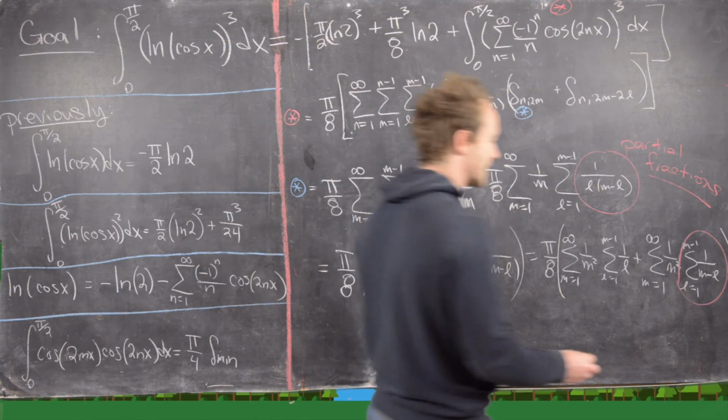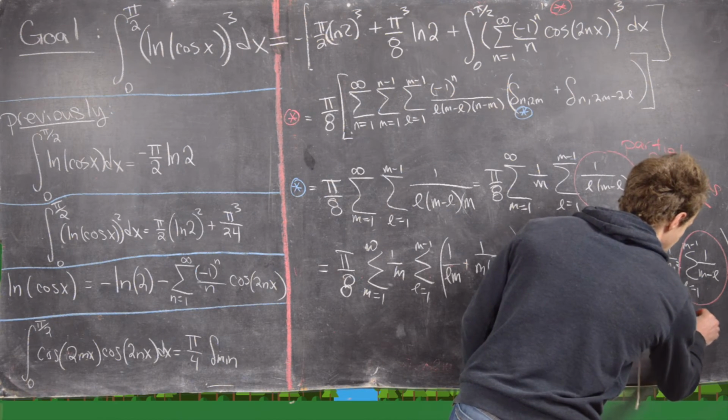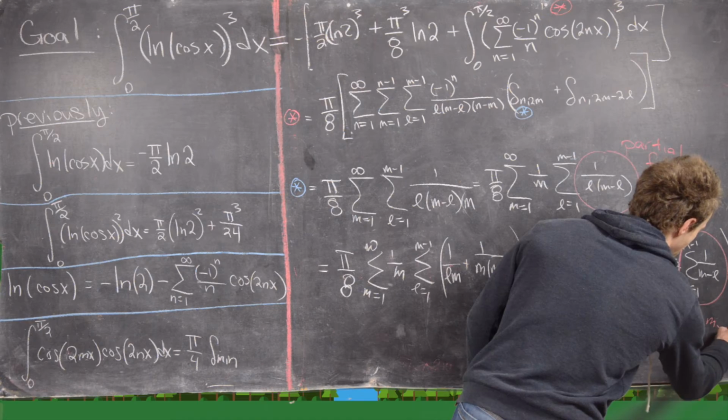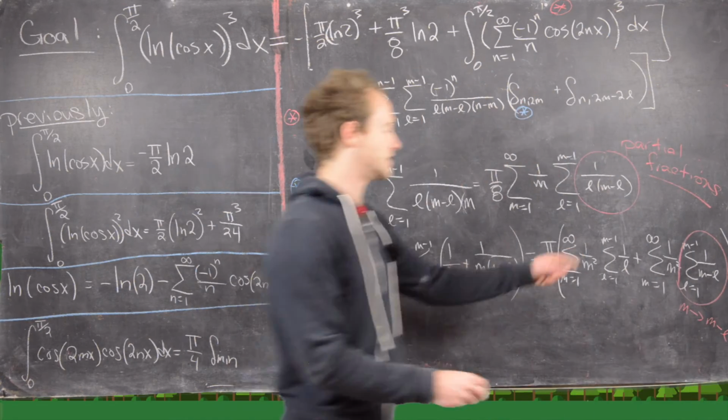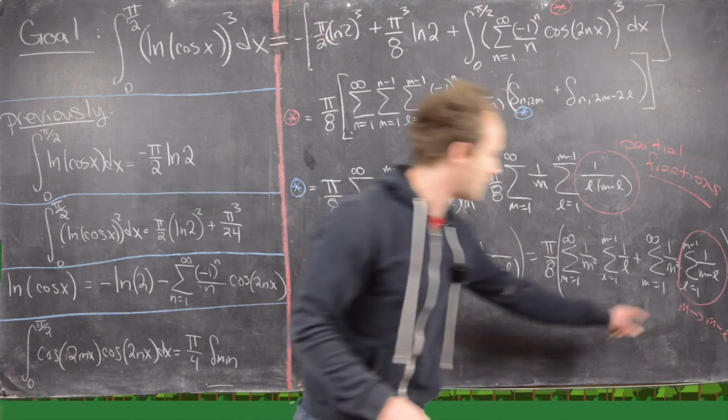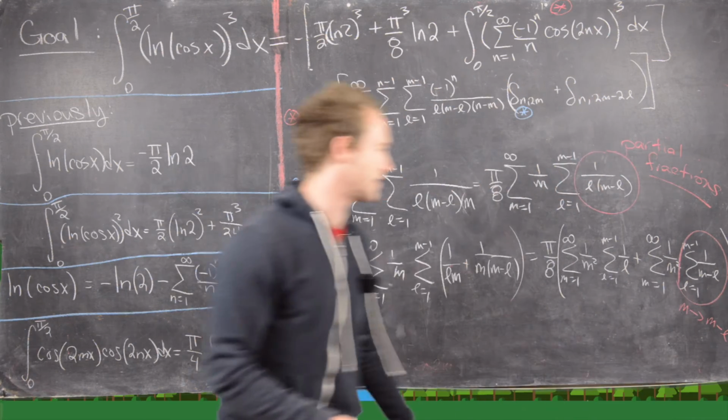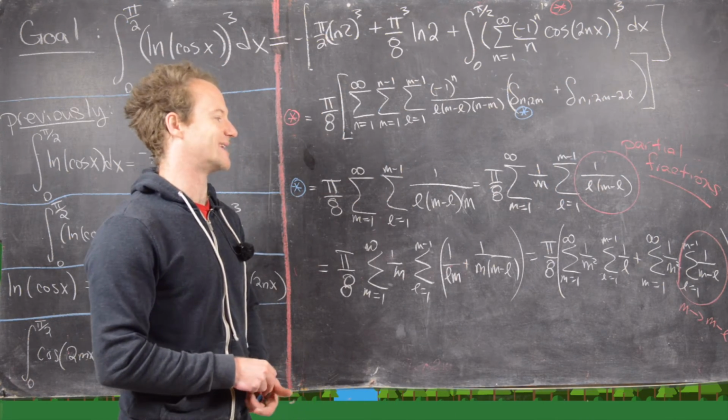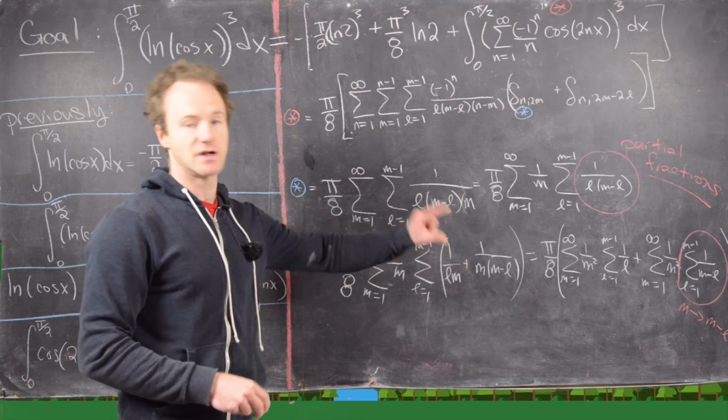We will send m to m minus L. So notice if L goes to m minus L, then m minus L is going to go to L, and then the bounds will just swap.